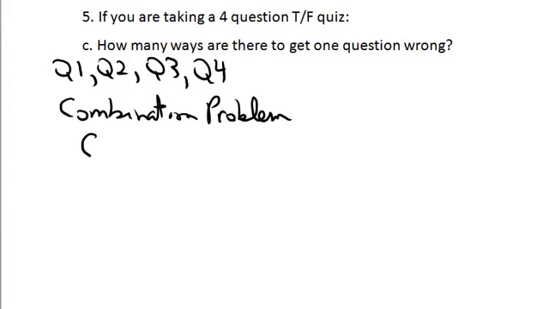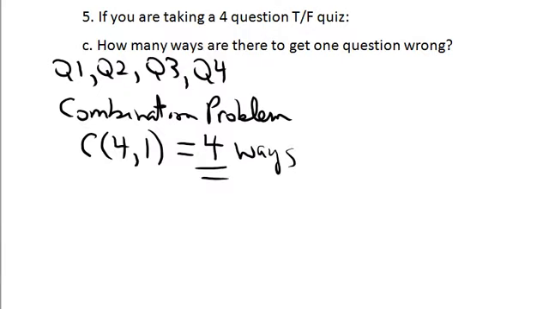And you'd be choosing from among the 4 questions, but if you only want one to be wrong, you're only drawing one piece of paper. And of course, that's going to be 4. So there are 4 ways to do this.